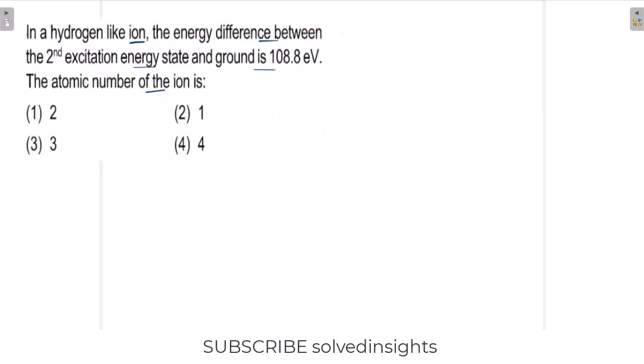Now we know that the energy of a hydrogen-like atom in a state n is minus 13.6 Z square divided by n square electron volt.